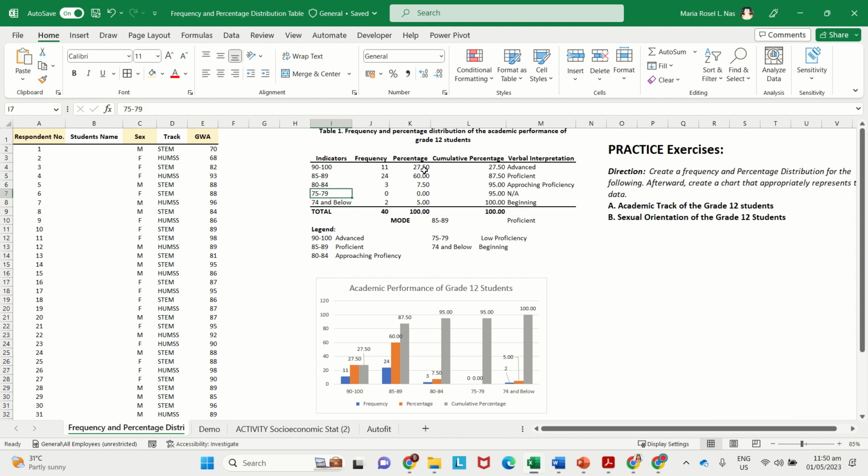Next, we would like to add a formula that will solve for the equivalent percentage of this frequency, and of course the cumulative percentages, as well as the function that will automate the verbal interpretation.